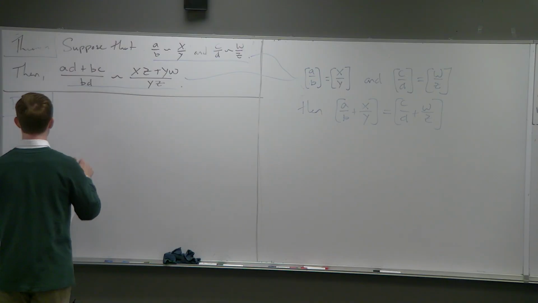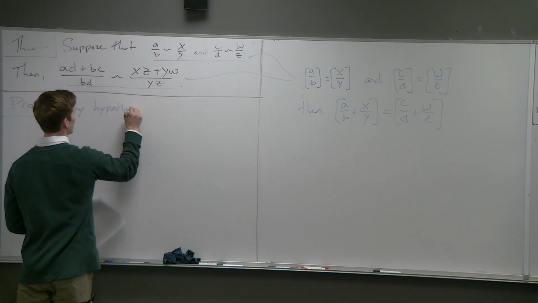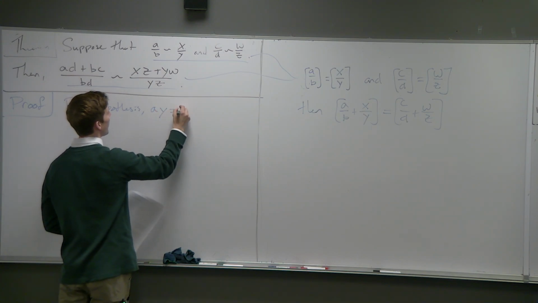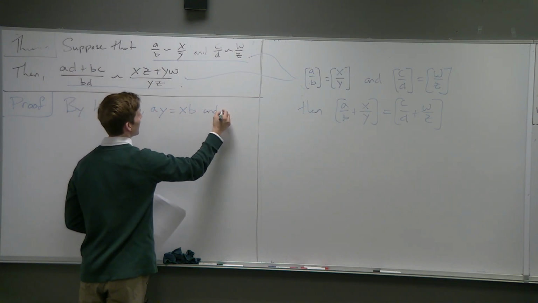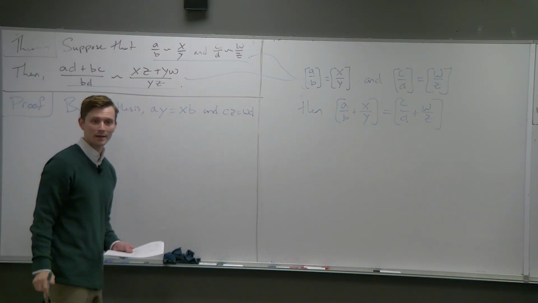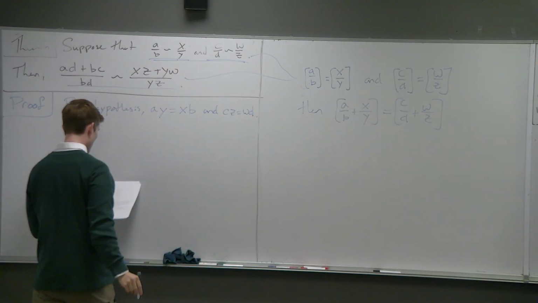Proof. By hypothesis, AY is equal to XB, and CZ is equal to WD. Right? That's what these two conditions up here tell us.